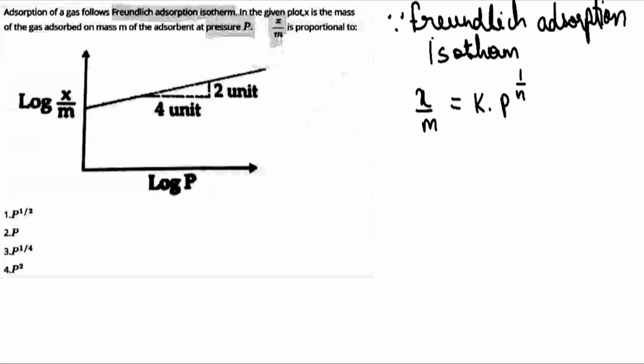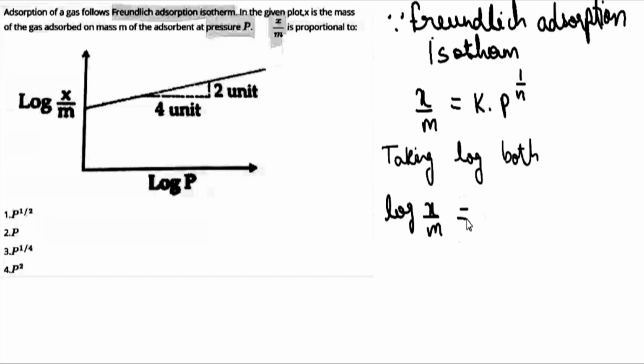Now taking log on both sides, log of x by m is equal to log of K times P to the power 1 by n.